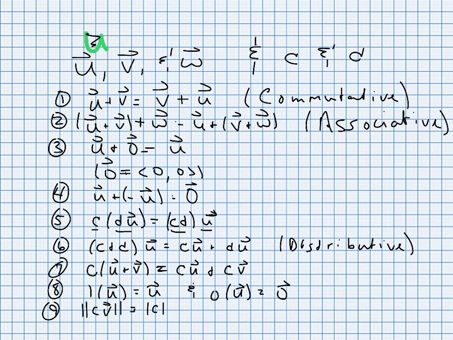And an absolute value for a vector is double bars, okay? So we're multiplying the absolute value of C times this vector in double bars. And what this represents is something different.